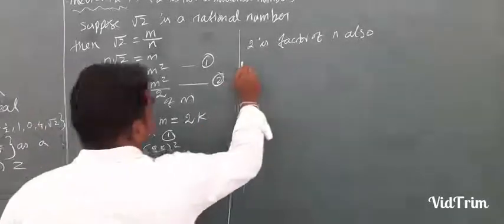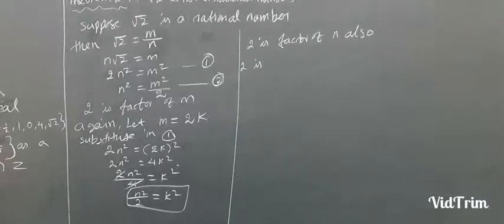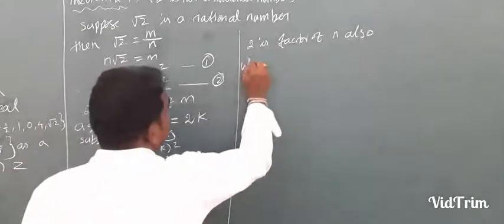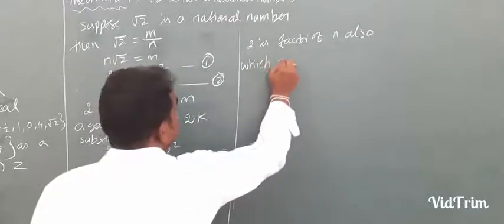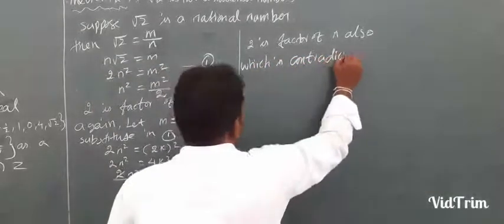Again I told you, 2 is a factor of M and N, which is a contradiction. Enough to say which is a contradiction.